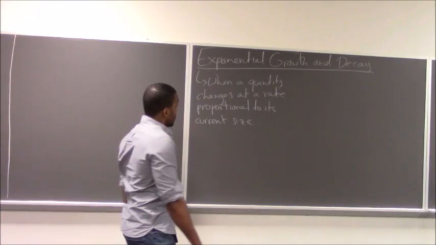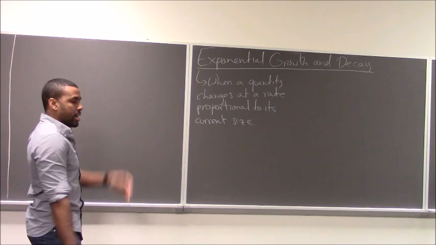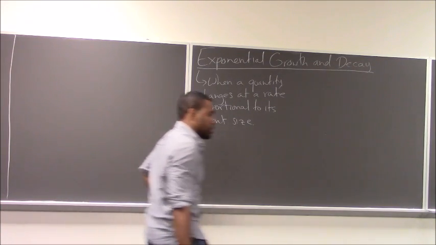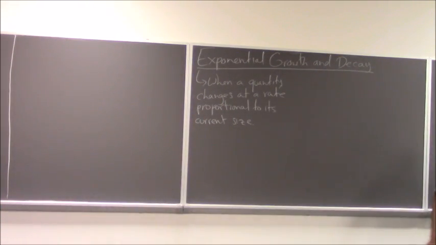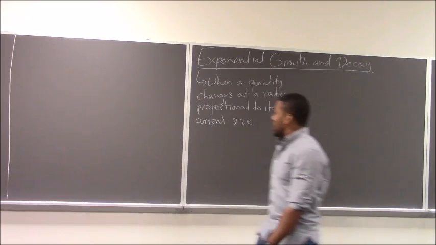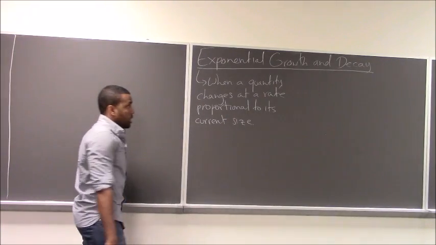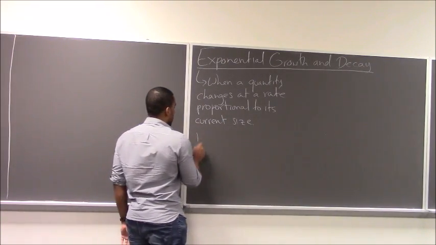So when a quantity has that kind of change, we say it changes exponentially. If it's increasing, we say it's growing exponentially. If it's decreasing, we say it's decaying exponentially.